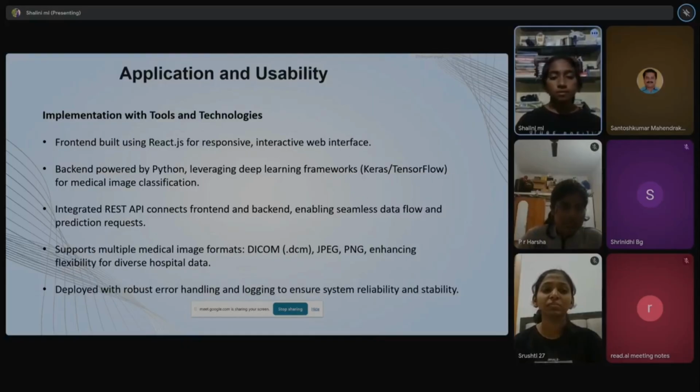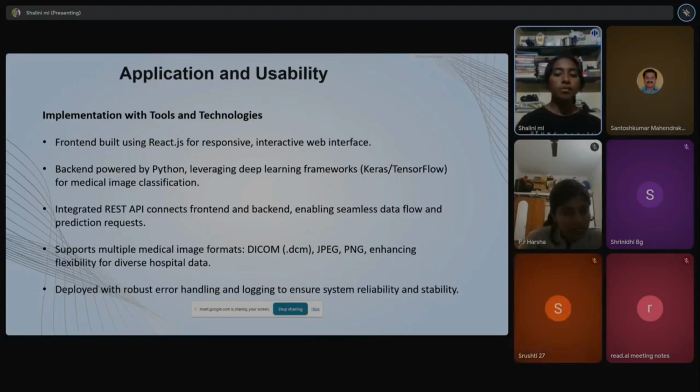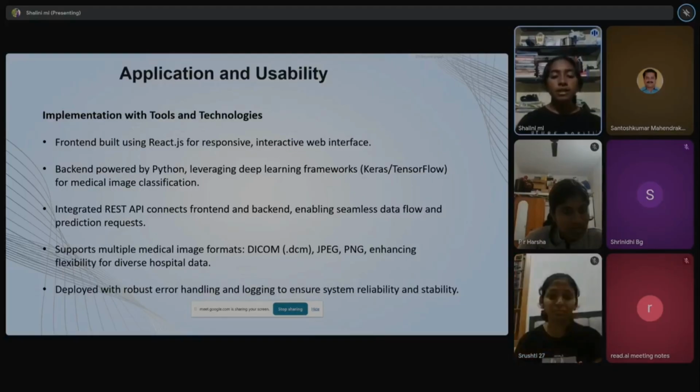The application is designed to support multiple medical image formats like DICOM, JPG, and PNG, which makes it compatible with diverse hospital image systems. To maintain system reliability and stability, the application includes error handling and logging mechanisms.